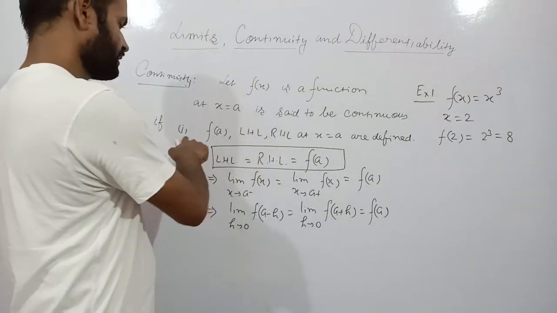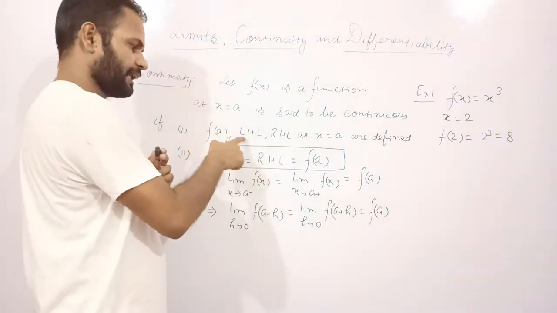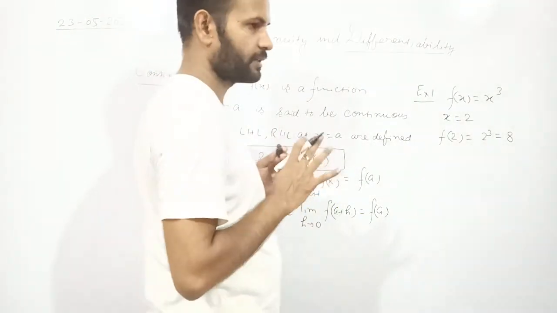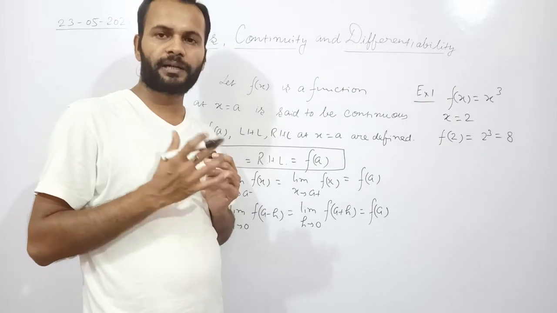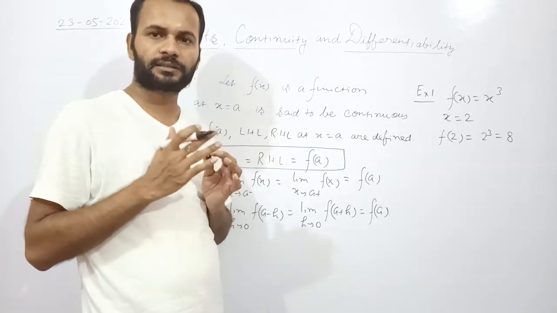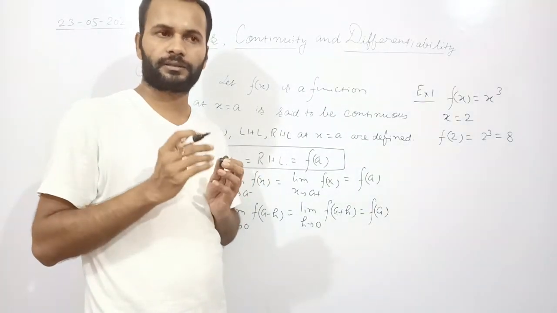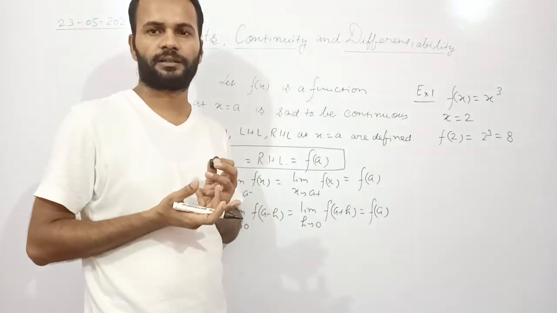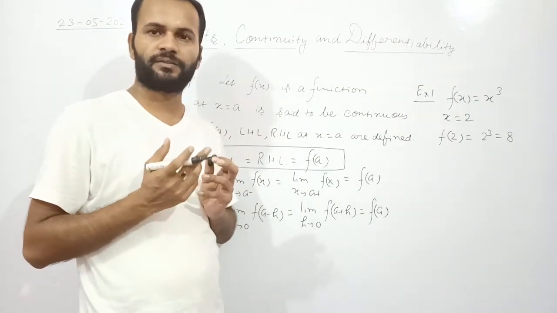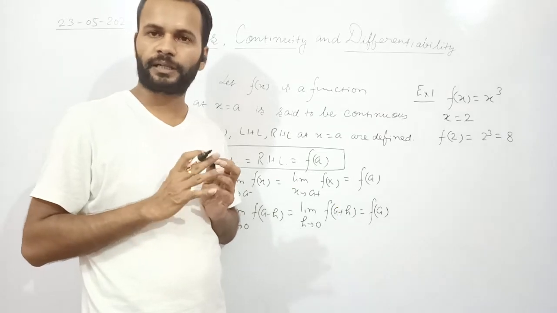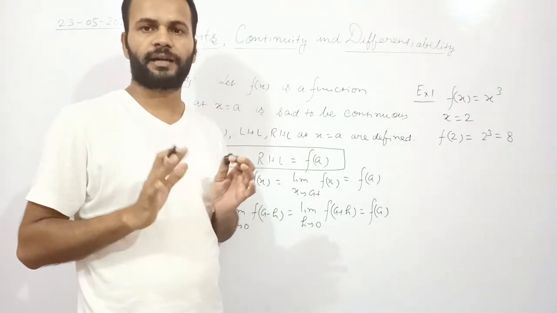So the first condition will be satisfied if f(a), LHL and RHL are in proper form, meaning we are getting some determinate value. Determinate means this can be defined properly, told, or guessed. For example, infinity cannot be determined, it is undefined actually.